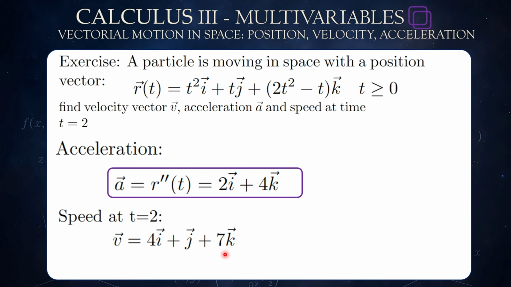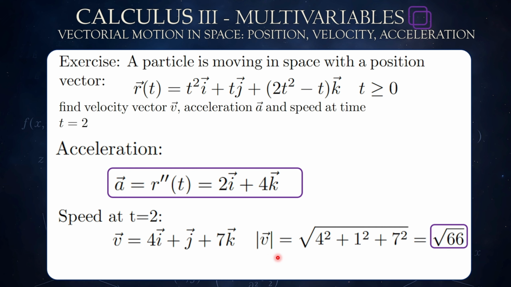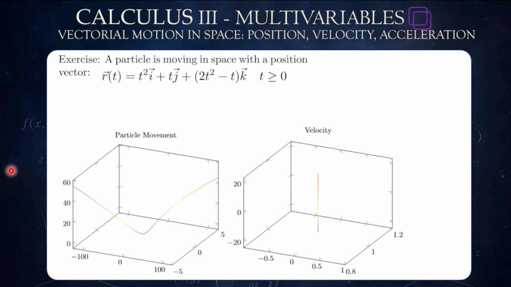Of course, you can get the module or the length of this vector. So the exact value for that speed is the square root of 4² + 1² + 7², or the square root of 66. That's the exact answer for the speed at t = 2. The position vector describing the motion in space of a particle or an object, given by t²i + tj + (2t² - t)k, is what the movement looks like, the variation of x, y, z throughout time.